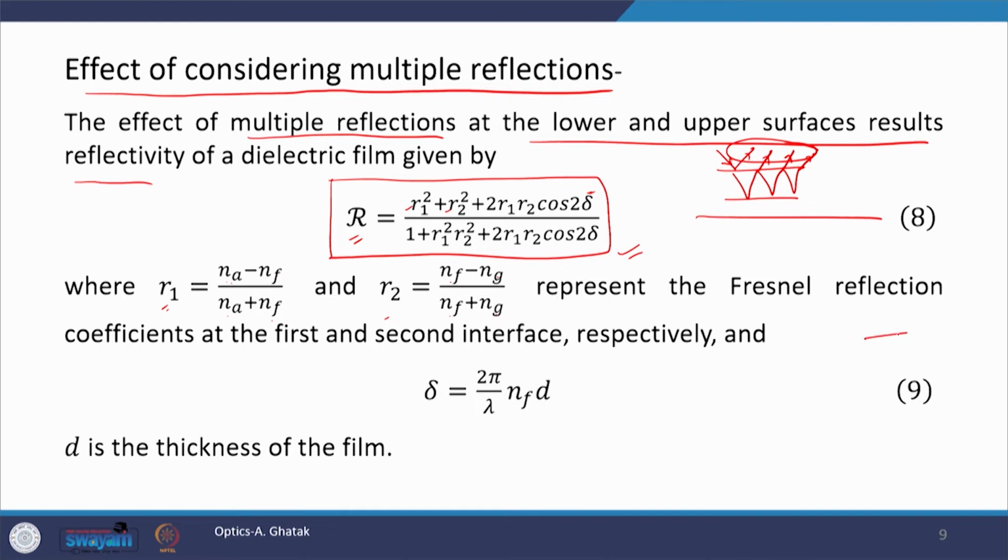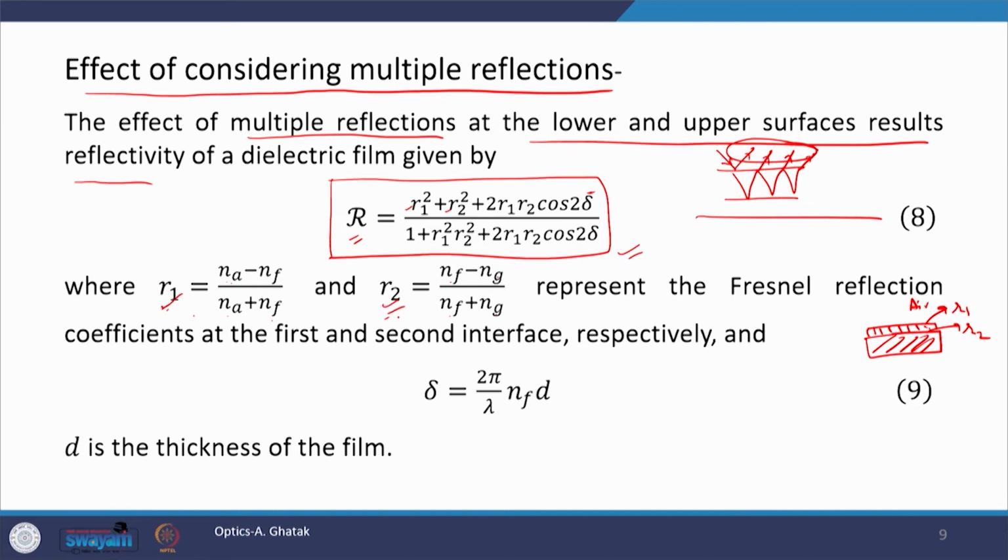Because this is our glass, and on top of this glass this is the anti-reflecting coating, and on top of this anti-reflecting coating we have air. So, this surface reflection coefficient is denoted by R1, while this surface reflection coefficient is given by R2, and the expressions for R1 and R2 are given here.